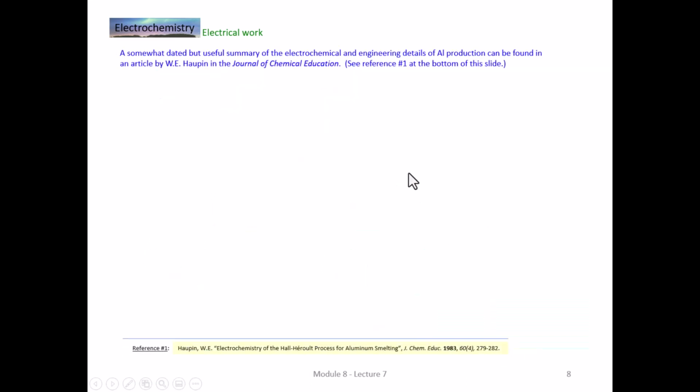That's somewhat dated, but what I found to be still a very useful summary of the electrochemical and engineering details of aluminum production can be found in an article in the Journal of Chemical Education from 1983.